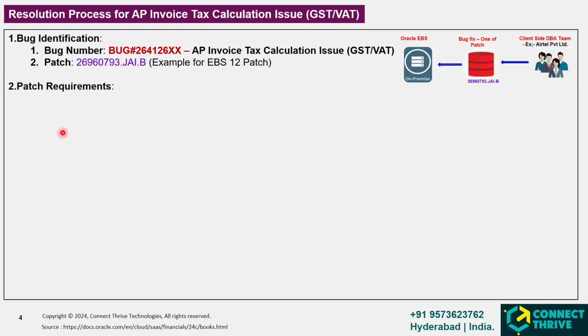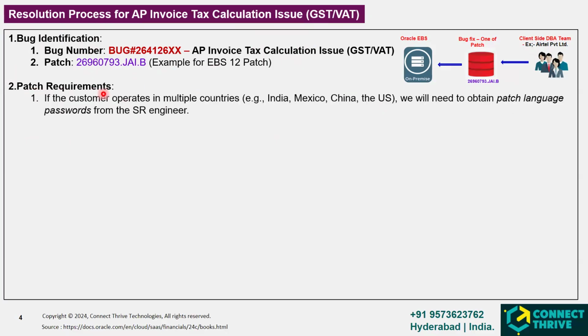So now we have the patch requirements. If the customer, Airtel, is operating the business in multiple countries like India, Mexico, China, US, we need to get the patch language password from the SR engineer, because these patches are country specific and we need to get the password for the patch based on the local country.